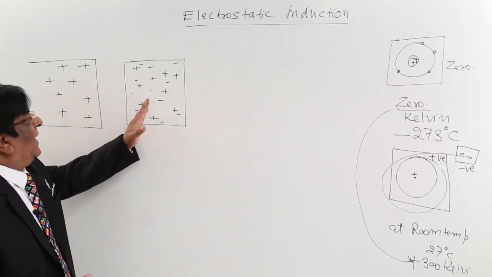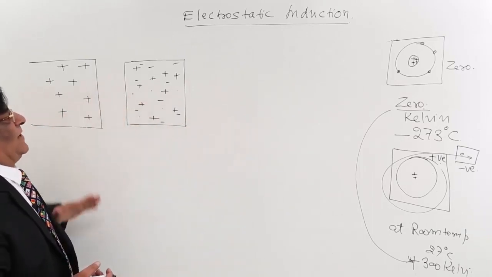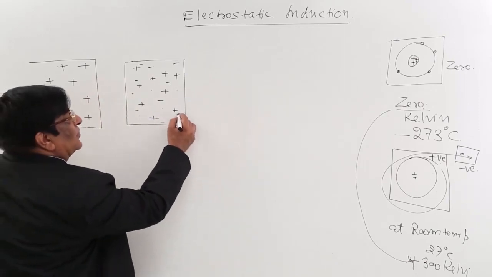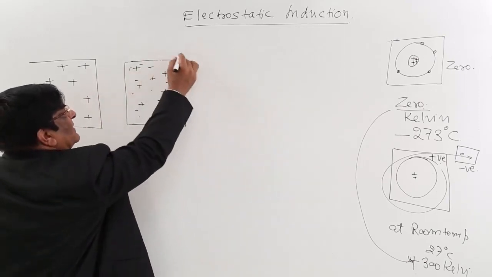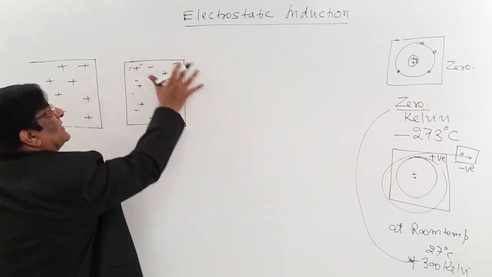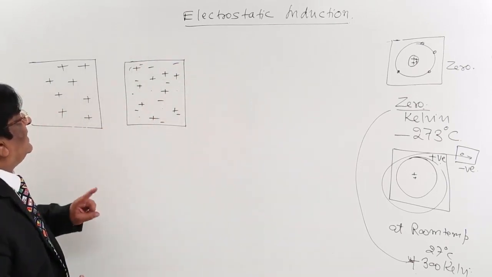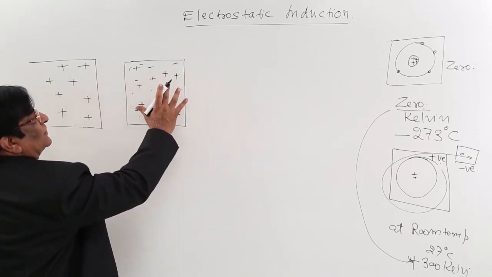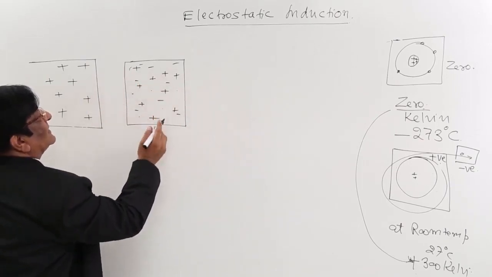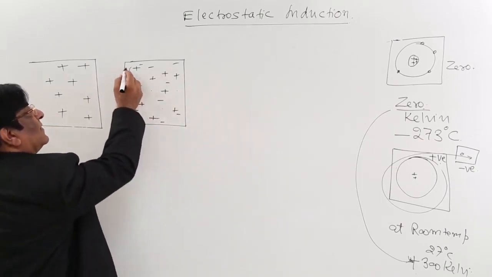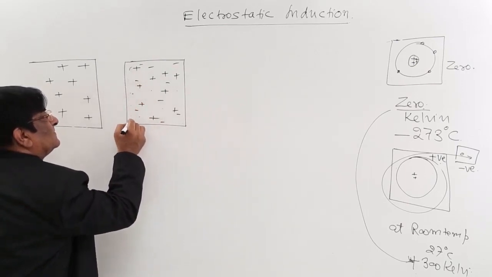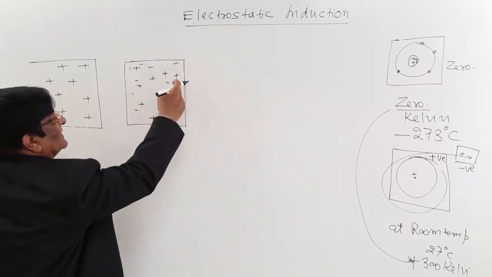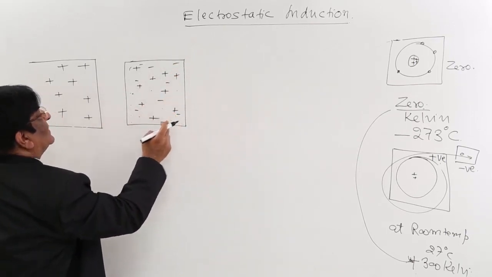So positive charges are repelled, negative charges are attracted. And what we see, all these electrons are moving very rapidly here and there. They are spending their time all over. But suddenly we find many of the electrons, the majority of the electrons, spend more of their time in this corner, and more of the positive charges spend their time on this corner. Why?